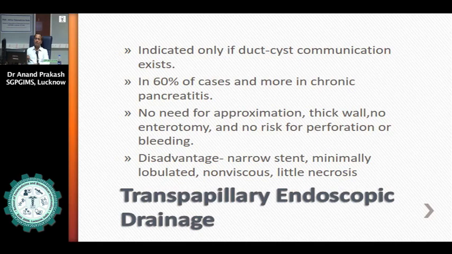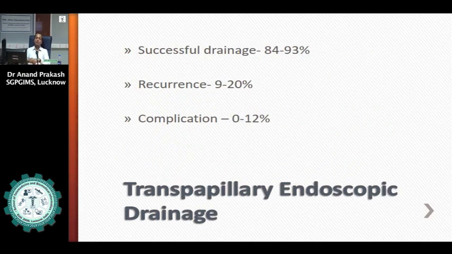One has to be very sure there is no necrosis, because if significant necrosis is present in the pseudocyst cavity, the failure rate may reach up to 50%. And if the cyst is more distal, more toward the tail of the pancreas, where the posterior wall of the stomach is not in good approximation with the cyst wall, the outcome is worse. The complication rate in different literature has been shown up to 34%.